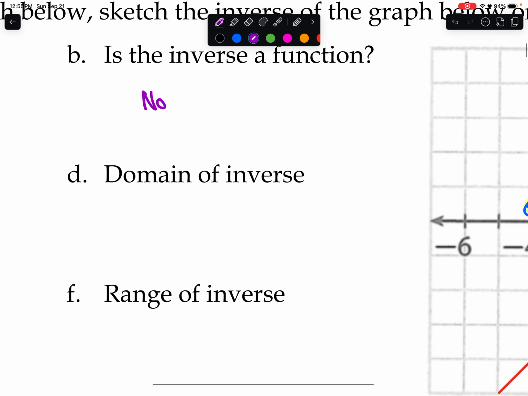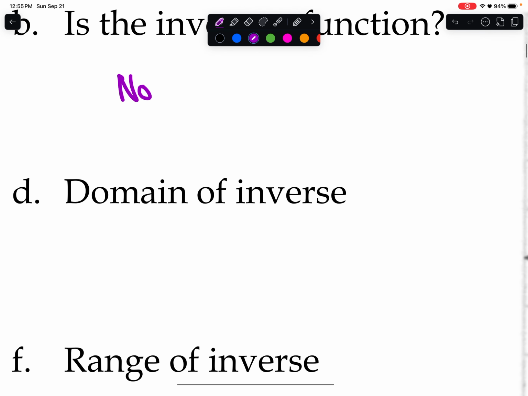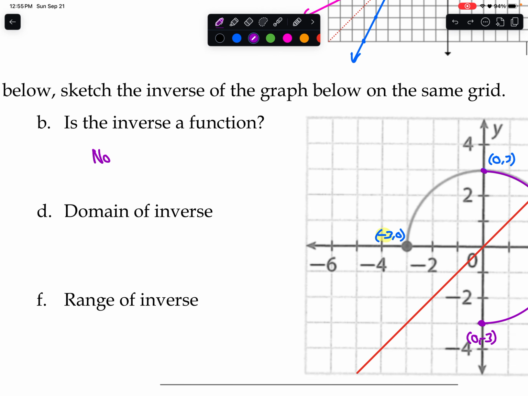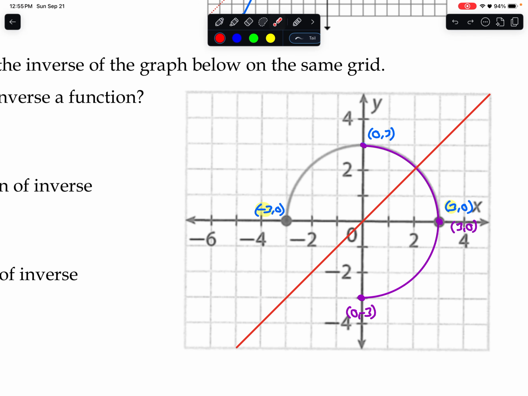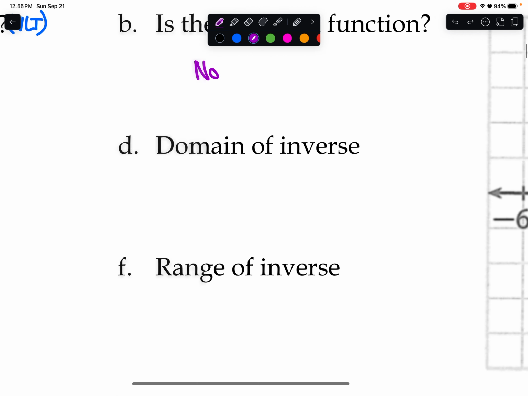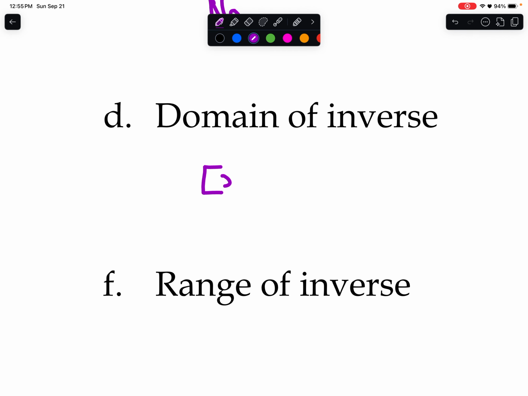So notice over here how I didn't say domain of inverse of f, because if I were to write inverse of f, that would insinuate that it is a function. So we're just going to write inverse to stay kind of broad. So the domain, we're going to go from the far left, which is going to be 0, to the far right, which is going to go to 3. So we're going to go from 0 to 3.